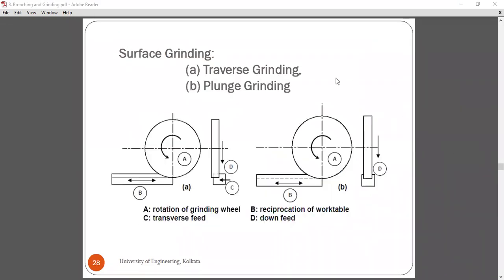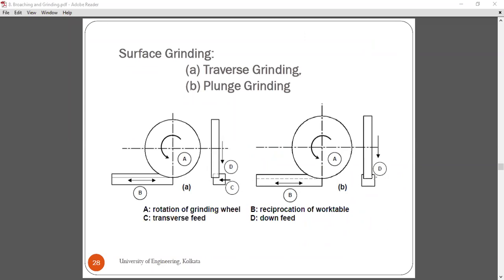Next, surface grinding, that is what I was talking about: plunge grinding and traverse grinding. Traverse grinding is when the workpiece moves in this direction. This kind of situation happens as the grinding wheel gets inside and the workpiece is moved, so the entire surface is removed.